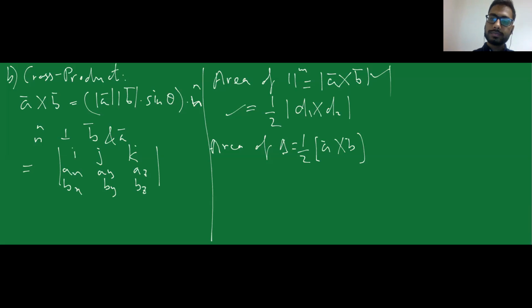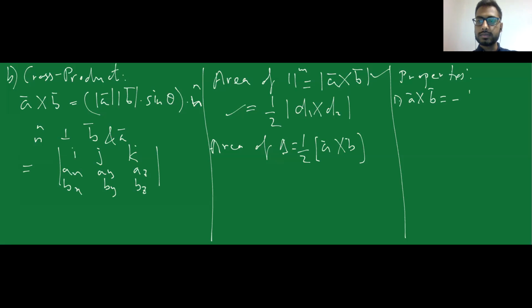Next, we'll see some properties of cross product. It is not commutative in nature. So A cross B is not B cross A. It is minus of B cross A.